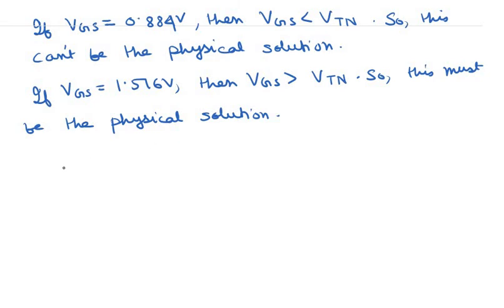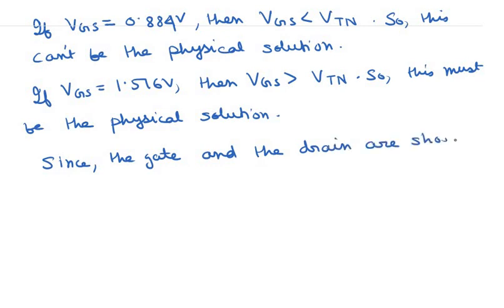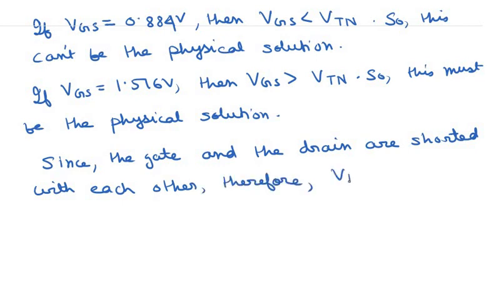Now to find the value of VDS, since the gate and the drain are shorted with each other, therefore VGS is equal to VDS.